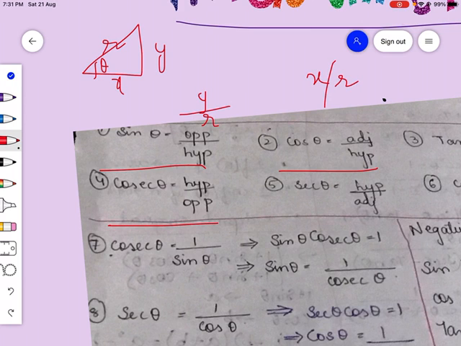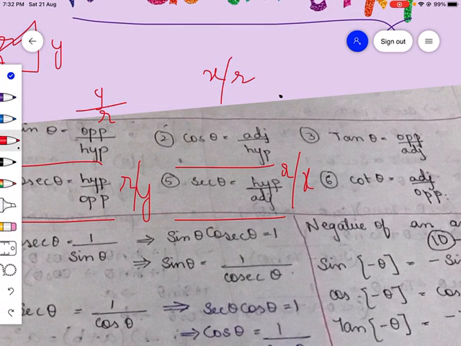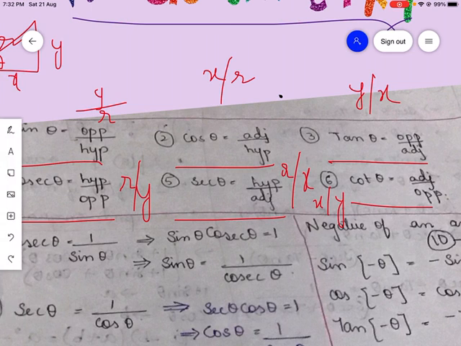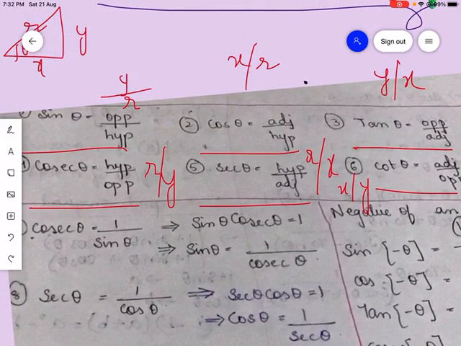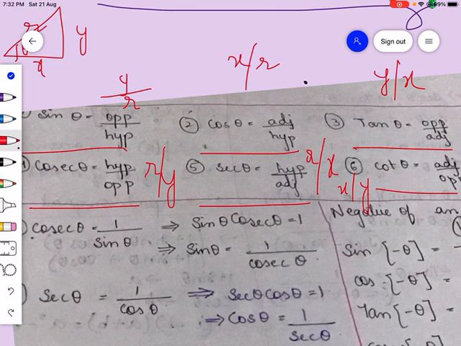Cosecant theta is hypotenuse by opposite, r by y. Secant theta is hypotenuse by adjacent, r by x. Tan theta is opposite by adjacent, y by x. Cot theta is adjacent by opposite, x by y. Clear? This was all related to the 6 trigonometric functions you have.